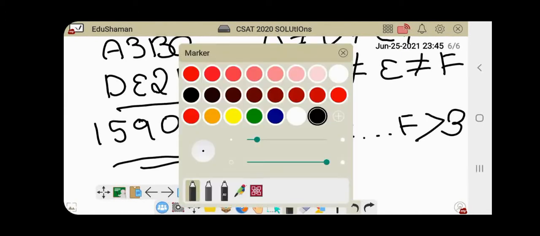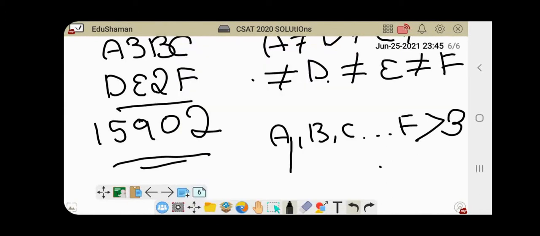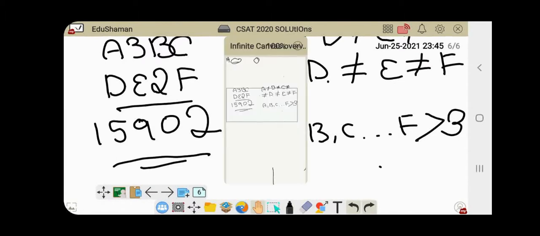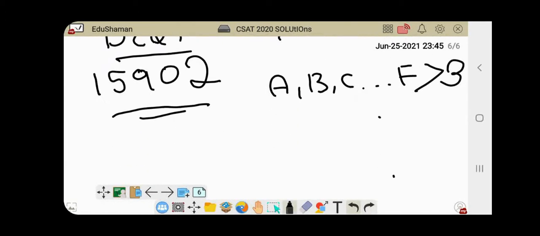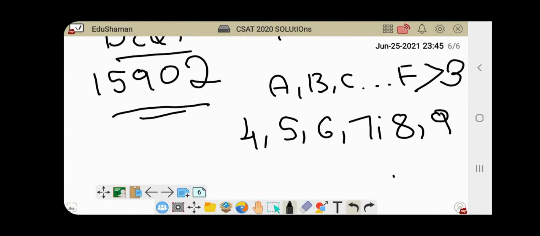So they will assume values of only 4, 5, 6, 7, 8, 9, and these values won't repeat. You won't have B which is 6 and C also which is 6, okay. Each of these will assume unique numbers.